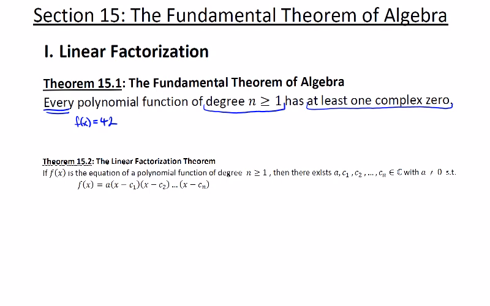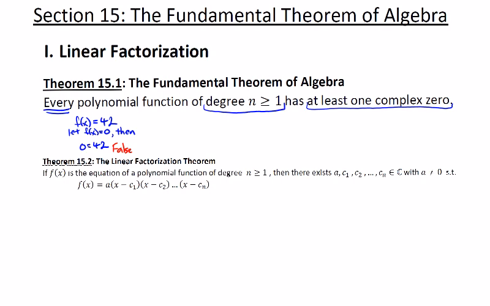It's a very basic polynomial function, and if I was to calculate the zeros for this by letting f of x equal 0, then I would end up with the statement 0 equals 42, and that would most certainly be false, which means there are no zeros. But this is saying that every polynomial has at least one complex zero. Did we miss it? Or did we incorrectly use the theorem?